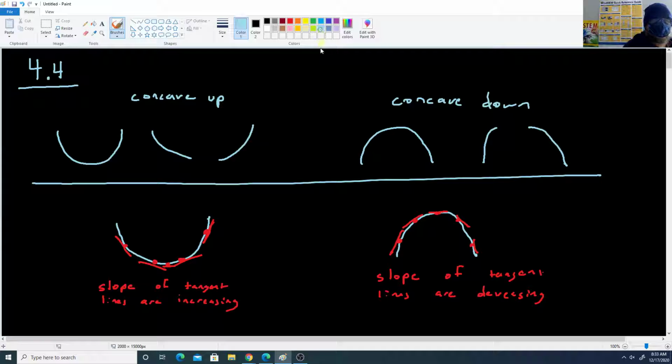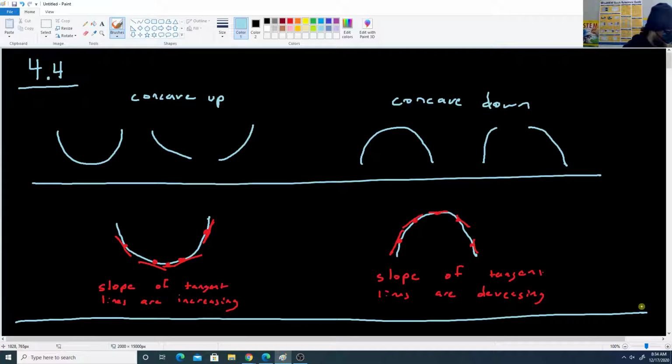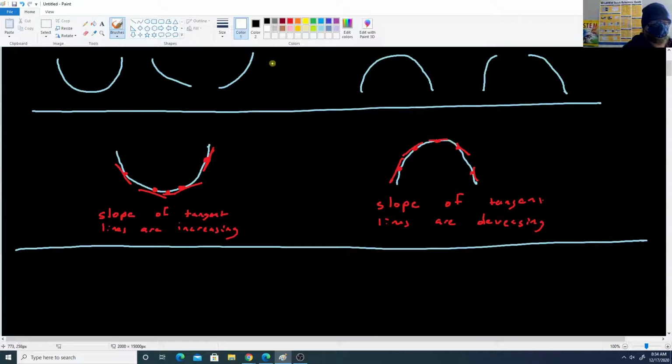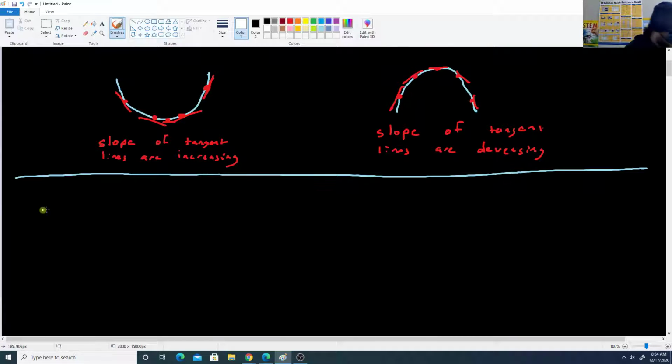So we're going to kind of put this together in some terminology here, and we're going to define what we mean by concavity. We're going to look at an example from the book. Then we're going to put down some concavity tests and something called point of inflection. So we're going to define concavity.